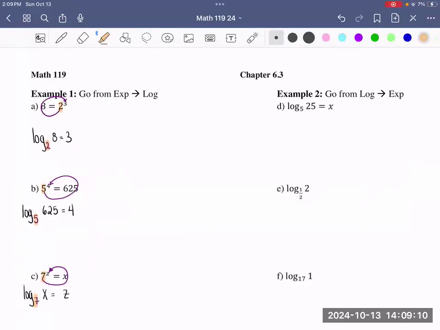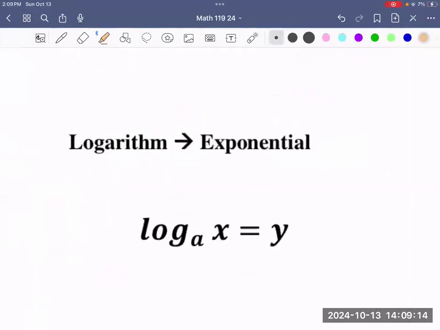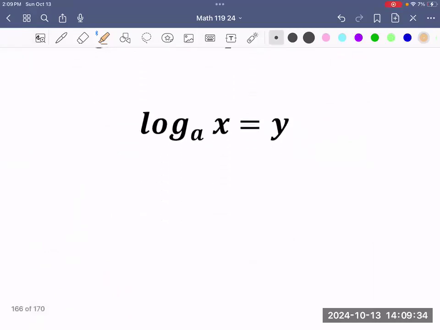Now we're going to take the time to go backwards as well. We're going to start on a logarithm and go to an exponential. Here we have log base a. Again, we'll try that swoop method. To go from a log to an exponential, we don't have to write the word log first.